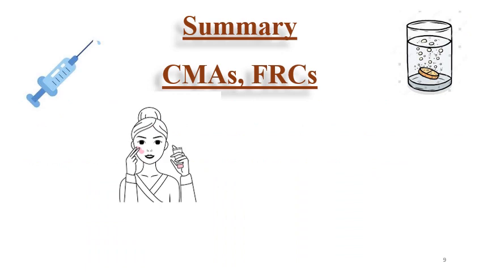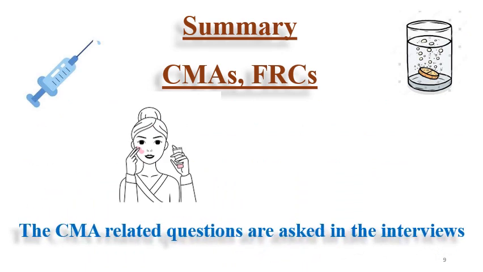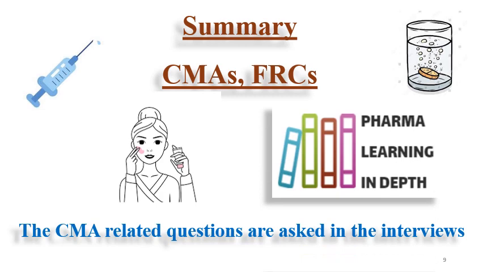So this is very simple to understand, what the CMAs are and what the CPPs are. Another example: if you are using injectables and your injectable formulation is too viscous, it will not come out of the syringe. So for the material which is making it viscous, its CMA and FRCs are required to be understood.